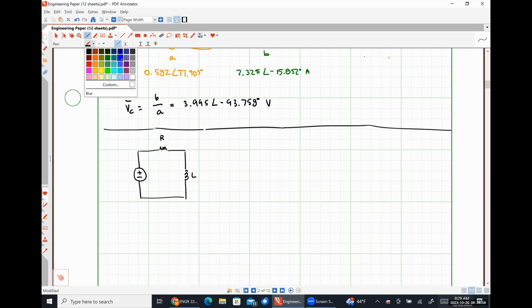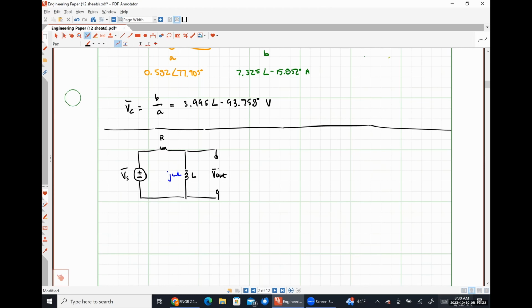In the frequency domain, we know that this impedance looks like j omega L. And let's call this our source voltage in the frequency domain. And let's call the voltage drop across our inductor our output voltage.